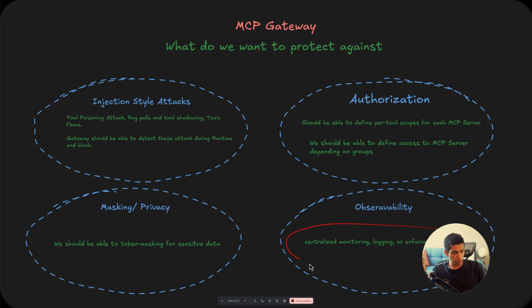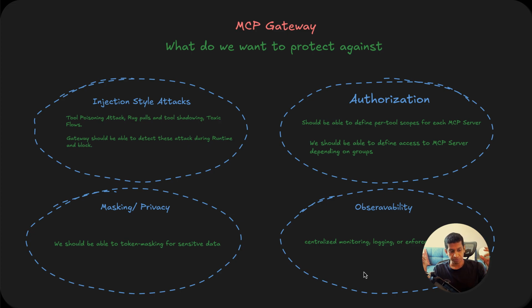The fourth one is also very important. Your MCP gateway should have very strong monitoring and logging capability. If you have an incident tomorrow, you should be able to go into your gateway and look at all the calls your employees have made using the various MCP servers.